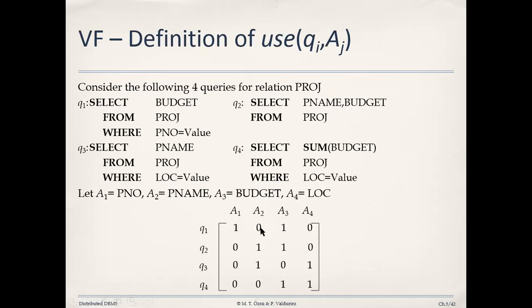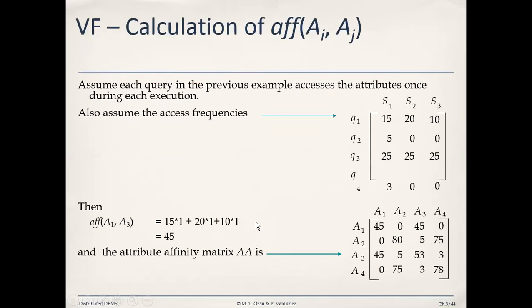A2 is not in Q1, A2 is in Q2, A2 is in Q3, and there is no A2 in Q4. So you only consider Q2 and Q3. 5 into 1 plus 0 into 1 plus 0 into 1 is 5, plus 25 into 1 plus 25 into 1 plus 25 into 1 is 75. 75 plus 5 is 80. So here you have the value 80.